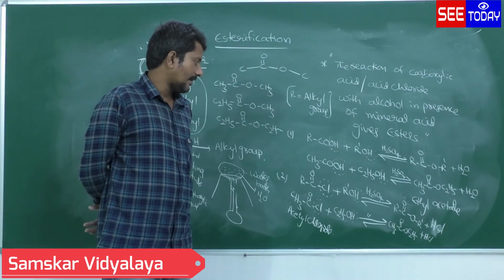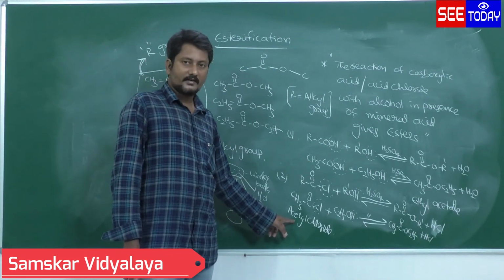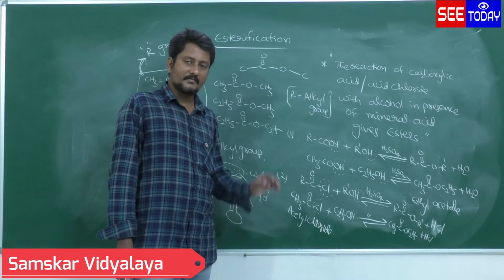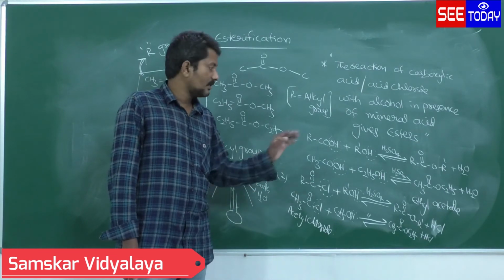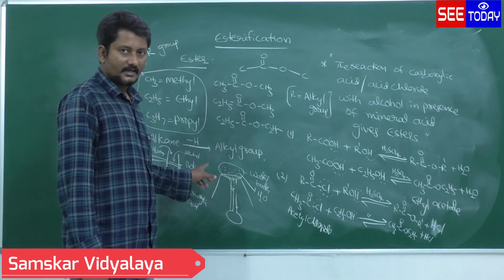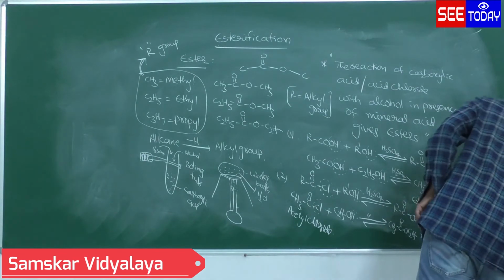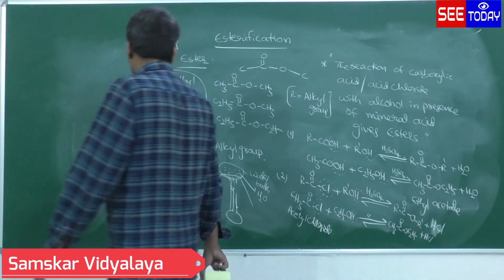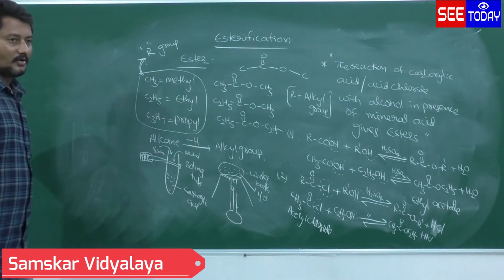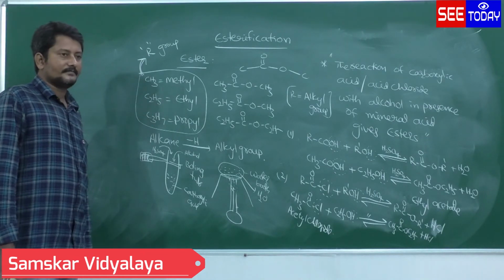So this is acetic acid and acetyl chloride. Both interact with the alcohol in the presence of H2SO4, a mineral acid, to give the esters. Then the lab activity. Okay? Esterification. The next topic: after this esterification, once you see it again, the total picture regarding the esterification.